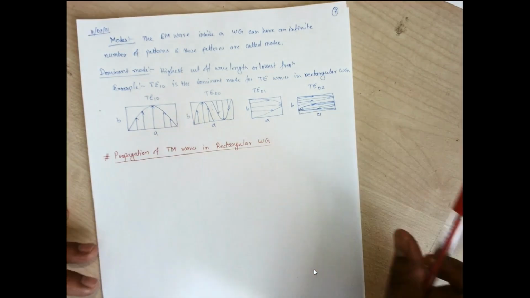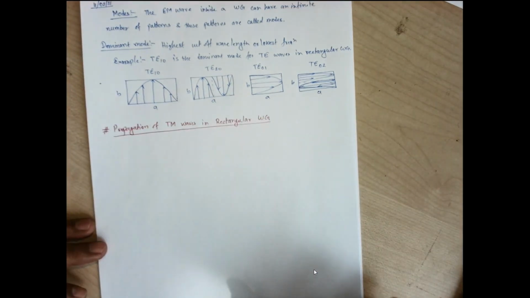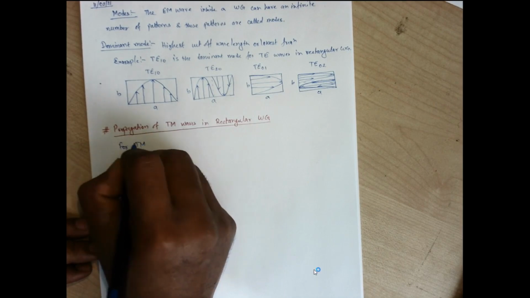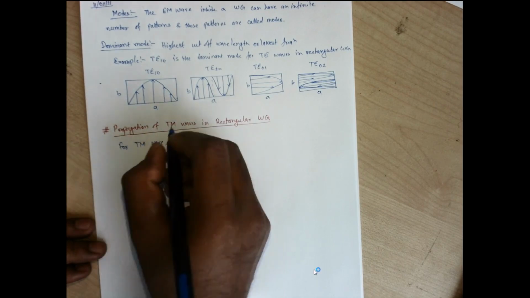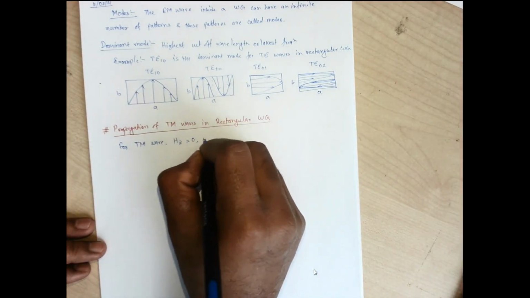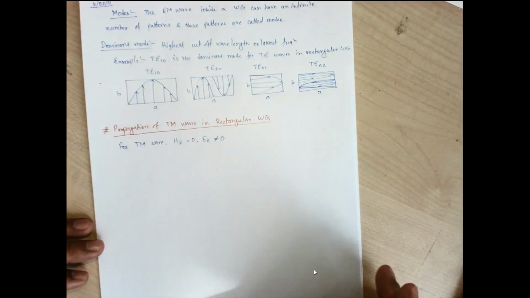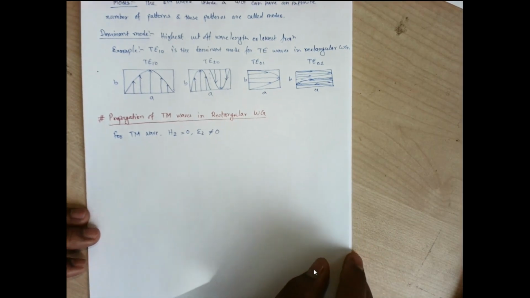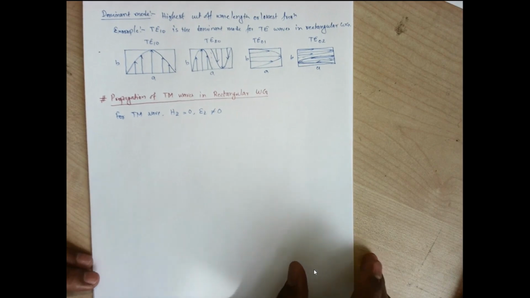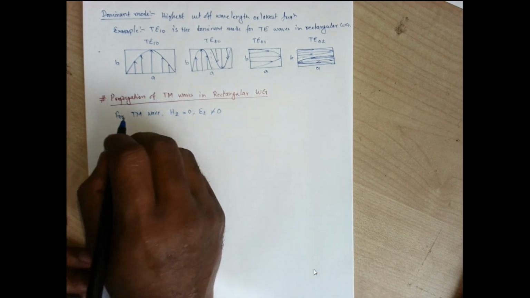In rectangular waveguide, from our concept, what we know, for TM wave Hz is 0 and Ez is not equal to 0. These are the fields which exist in the direction of wave propagation. So the wave equation for the TM wave will have Ez.